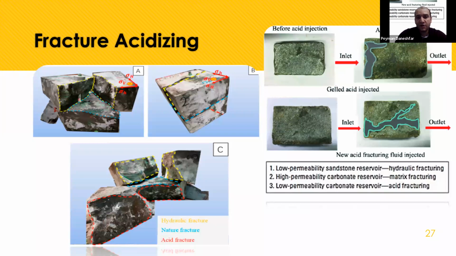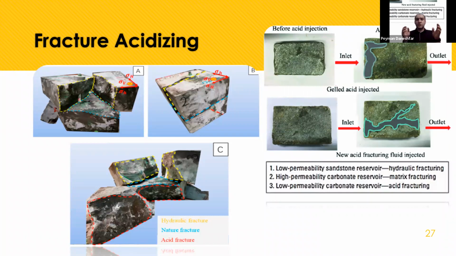And the red one is for acid fracturing. If you look at the faces of the acid fracturing, you can see the dissolving power of the acid and the effect of the acid on the face of the formation or stone, okay?